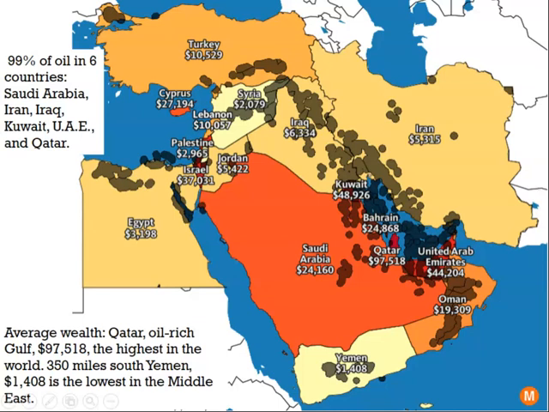Here are the 6 countries that have most of the oil: Saudi Arabia, Iran, Iraq, Kuwait, United Arab Emirates, UAE, and Qatar. These are the areas that have almost all the oil. And down here in Oman, too, we could put into that. That means that most of the Middle East doesn't have much oil. And what oil they do have comes mostly in oil shale. It's pretty hard to get the oil out of there.